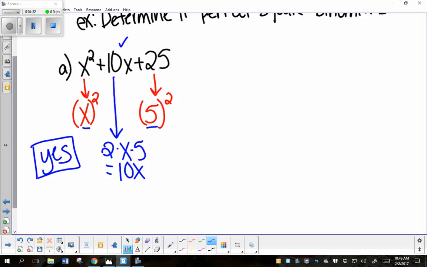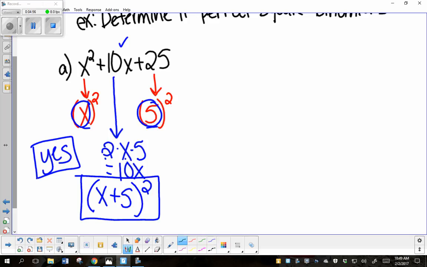The first term was a perfect square, the last term was a perfect square, and if I multiply those square roots together, x times 5, and then multiply by 2, I get the middle term. So it's yes, and if you want to factor it, you just take those two things you had in the parentheses, put them in a binomial, and square it, and you're factored.